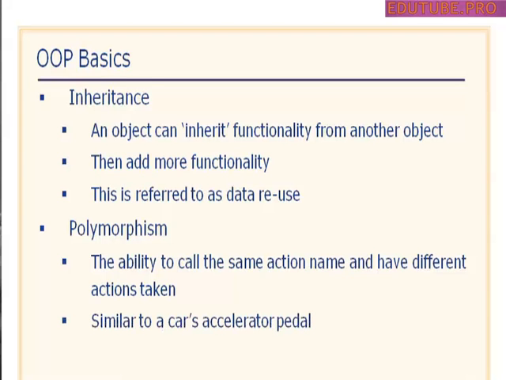Now, lots of bad examples out there, and you can use this for a lot of these, but a good idea is polymorphism is a car's accelerator pedal. If I get in a 1963 Volkswagen, if there is one, 67, and I press the accelerator, it makes the car go. All right. If I get into a 2011 Range Rover, press the accelerator button, it goes.